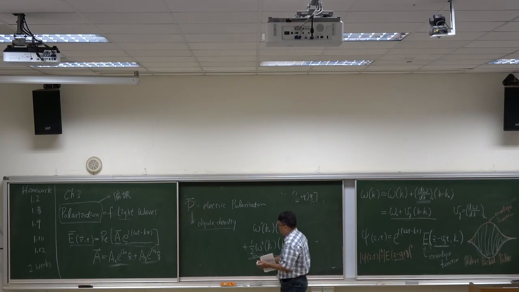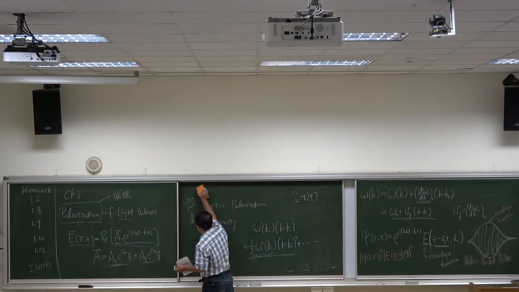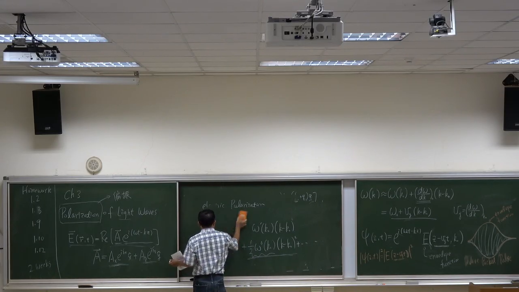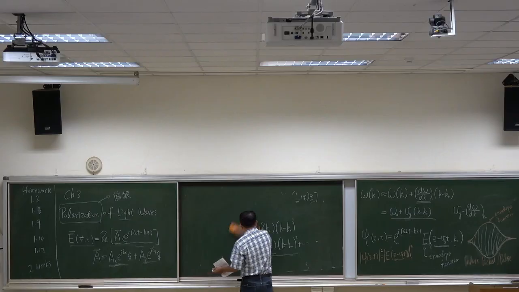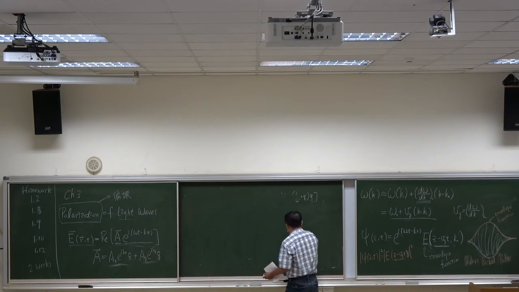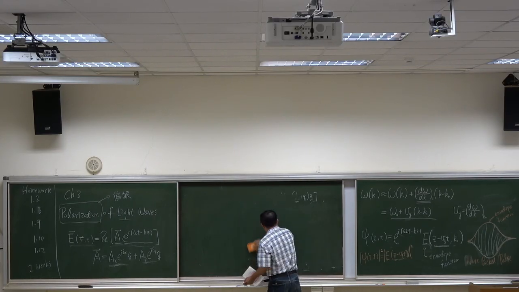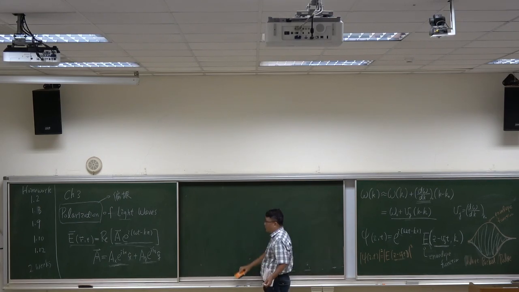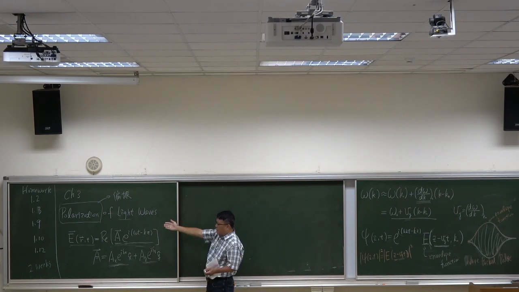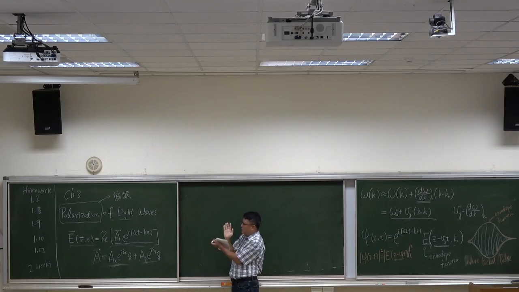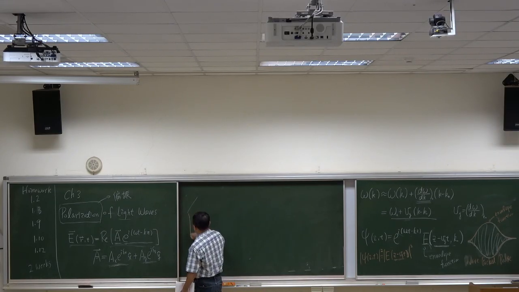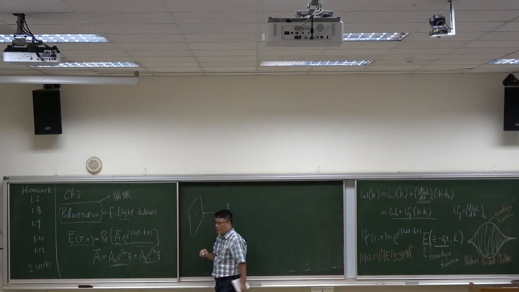好，那现在我们就来看看这个东西究竟会得到什么。我们现在这个波是沿着 z 方向传播，但是它的振动平面是在 xy 平面。So this wave propagates along the z direction.